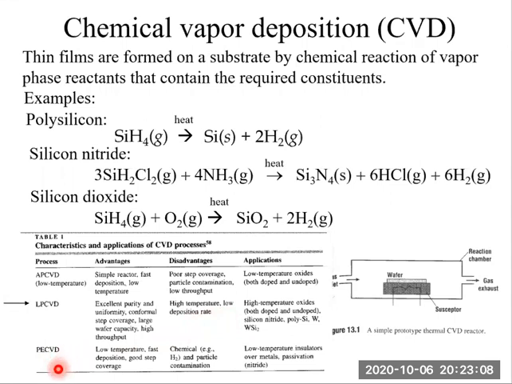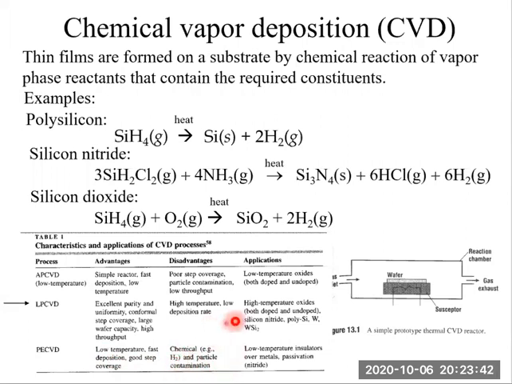The third category is PECVD. PE stands for plasma enhanced CVD. Because a plasma is used, the deposition temperature is lower. Fast deposition, good step coverage, but it has chemical and particle contamination.